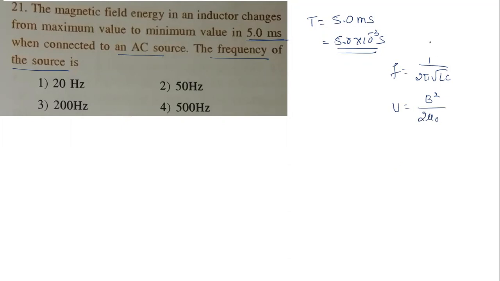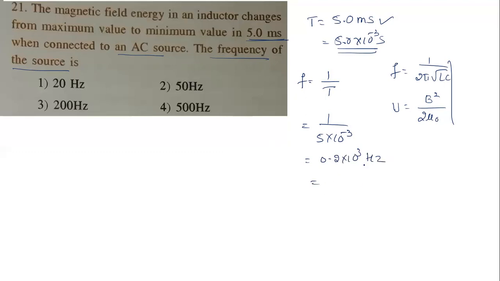There is no need to go for all these formulas, because the time period is given. Frequency is the reciprocal of time period. So it becomes 1 divided by 5 into 10 power minus 3, which is 0.2 into 10 power 3 hertz.